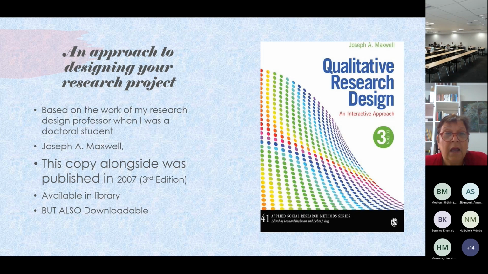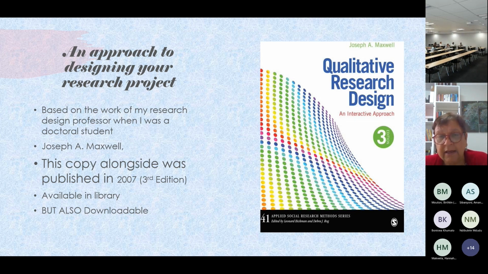So I'd like to now take you through an approach to designing your research project. I know what follows in this program is going to go into a lot of detail on all the components of designing your research project, and in particular on writing up your proposal. But I want to give you a big picture view, and that's why I'm calling it a schematic. This is based on the work of someone who was my research professor at Harvard, Joseph Maxwell, or Joe Maxwell, we used to call him.